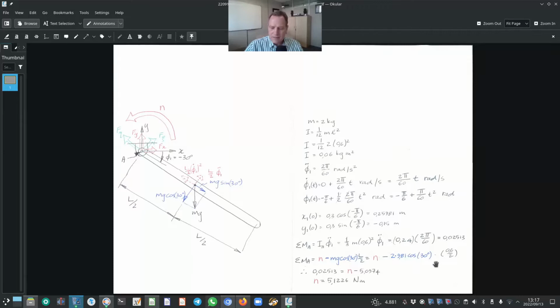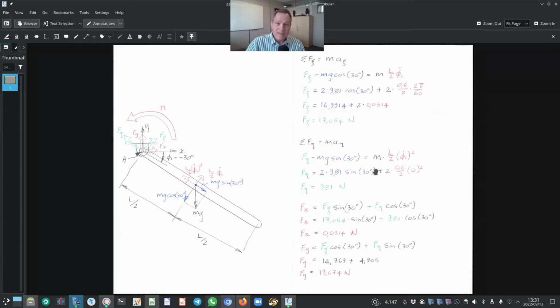We can substitute the values, and we get the value for the moment that is required to cause an angular acceleration of the driven pendulum rod of 2 pi over 60 radians per second squared, which is 5,1226 Newton meter, and that's in a counterclockwise direction as indicated here in the figure.